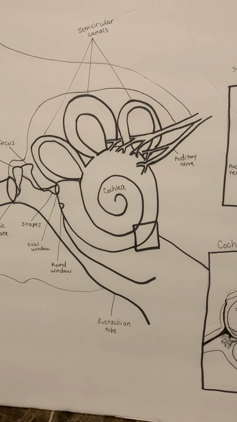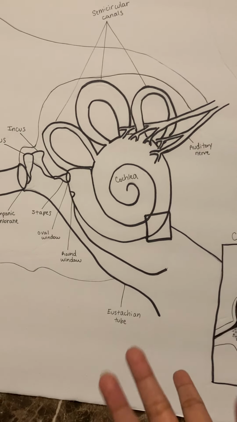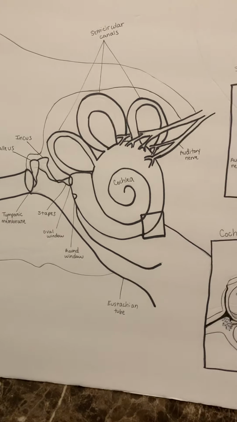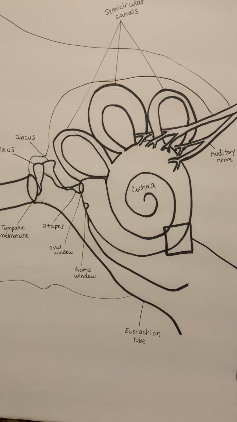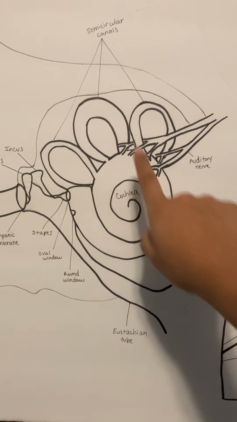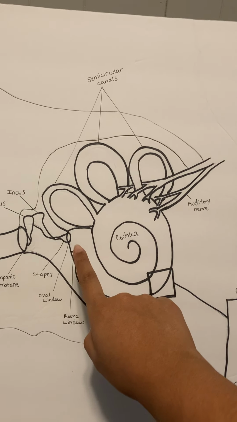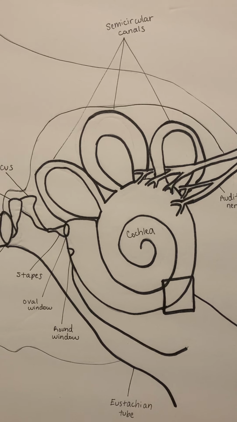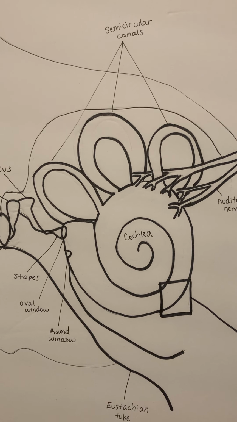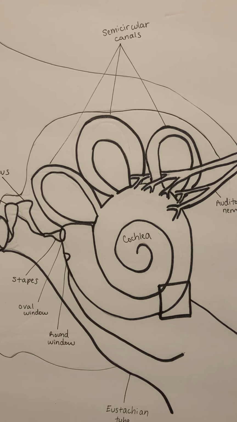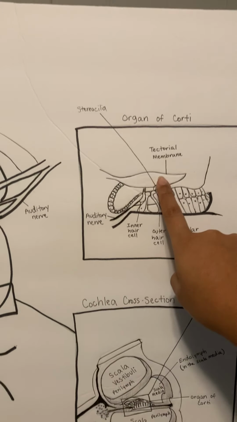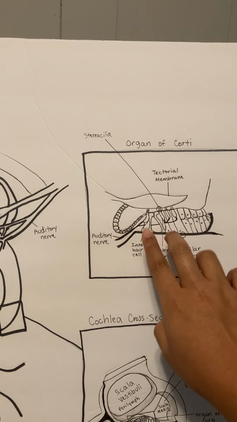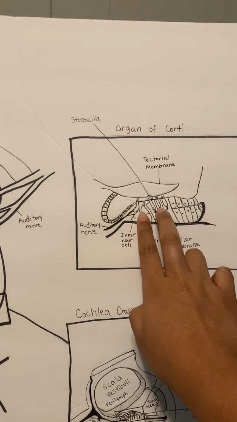From here onward, the pathway of sound through bone conduction is the same as with air conduction, which is that the wave of hydraulic energy travels through the cochlear fluids and bounces off of the round window. The hydraulic wave travels, which causes the tectorial membrane to twist the stereocilia that are embedded on top of the inner and outer hair cells right here.